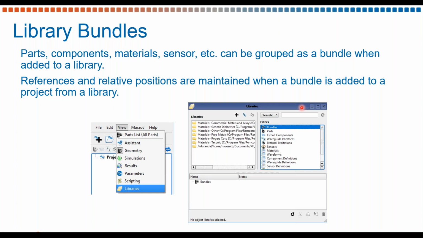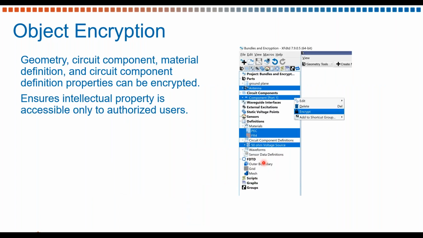Whenever they are pulled out of the library, the references and relative positions are maintained in the same way as we put them in, which would allow us to share geometries or objects more easily with our team members. This couples with the object encryption feature. If you want to share the project with other people, another company or team who don't have authorization to review your designs, then you can encrypt geometry and material definitions in order to protect it.